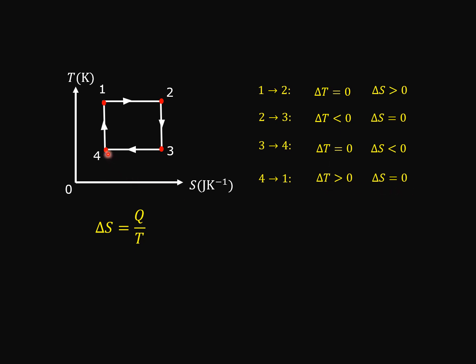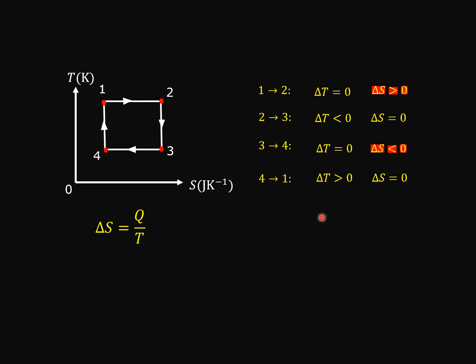Therefore, we should have a line that points up vertically, and the state will go back to the original state, which is state 1, and we get a closed loop, which is a cyclic process.